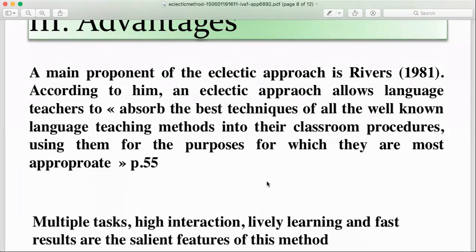Okay. Now, another criticism is that the teachers are, of course, not trained. Okay. So there is a need for training for the teachers on how to choose and when to choose what. The teachers who are not trained well in the use of different methods and who have a poor understanding of these will end up facing the disadvantages of this method.